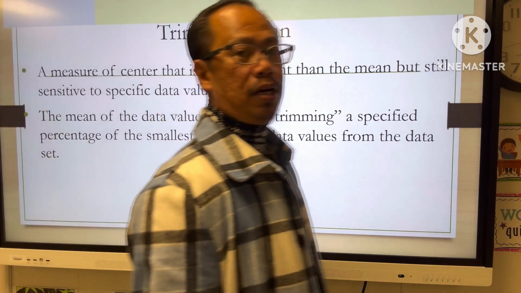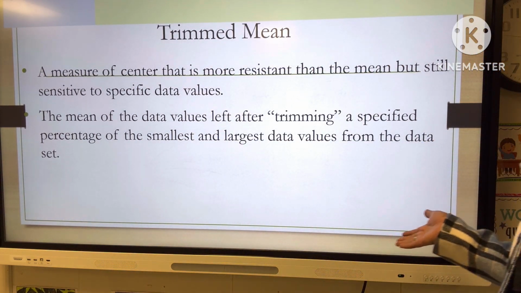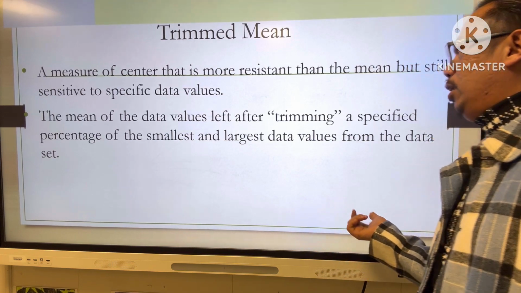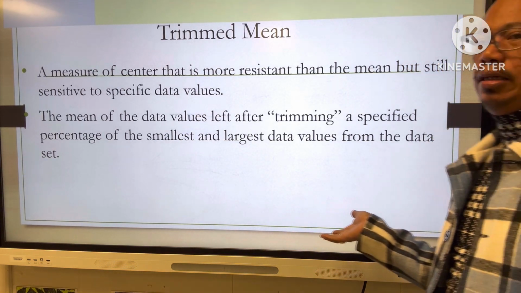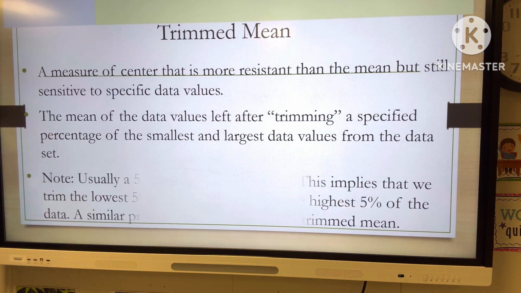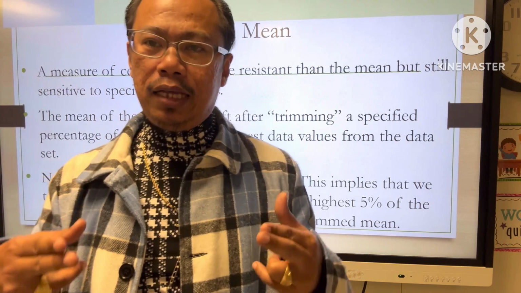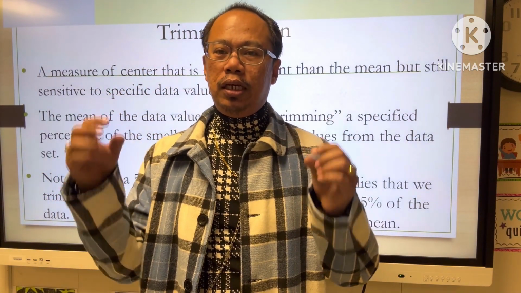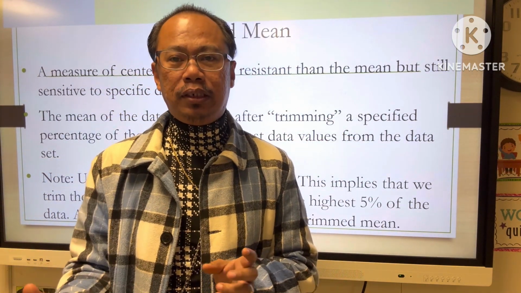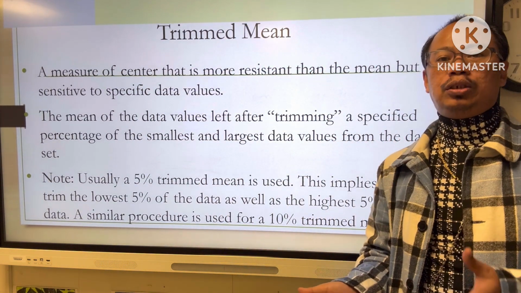The trim mean is the mean of the data values left after trimming a specified percentage of the smallest and the largest data values from the data set. Meaning to say, we're going to cut a certain portion. This portion will be 5% or 10%.